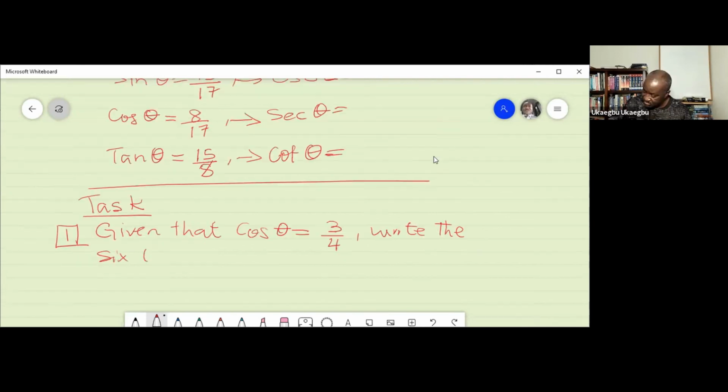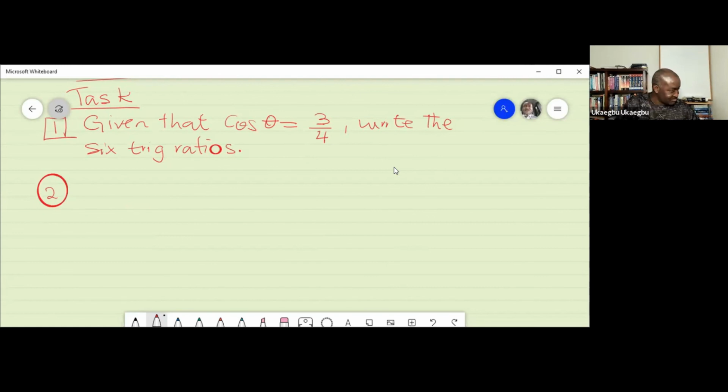Question number 2, I'm going to write it. It's a word problem. A right triangle has a side of 16 meters.